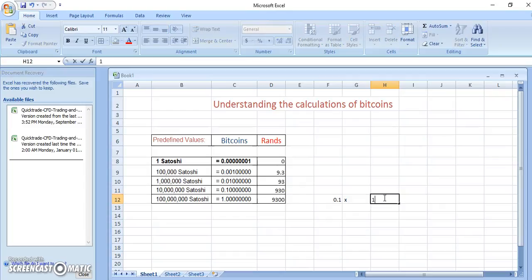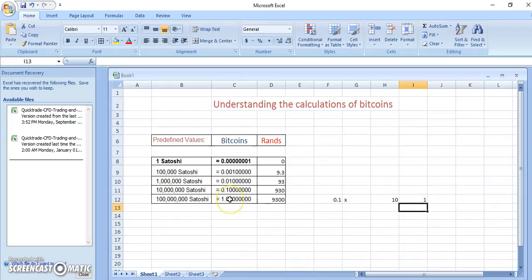It should give you equals to that. Don't do the calculations, I'm just showing you, I don't want to complicate your life. So that's going to be 1.